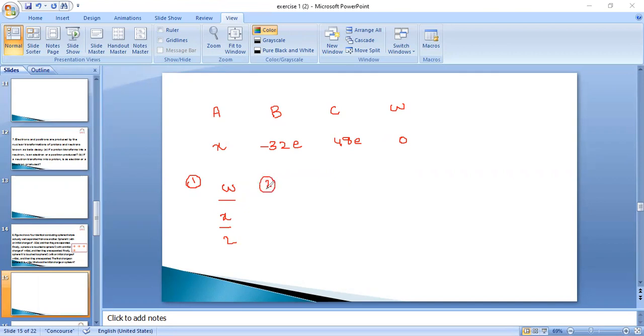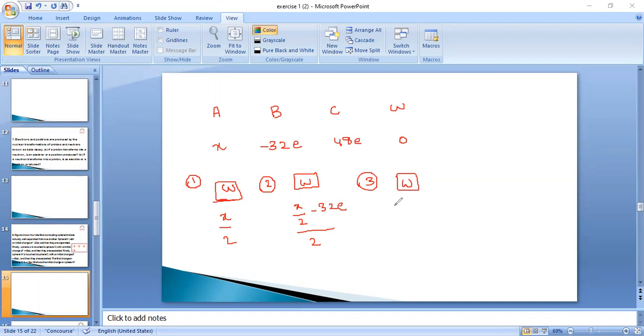In the second case, the charge of W is X by 2. This body W is kept in contact with B. Then again B and W will share the charges equally. The total charge is X by 2 minus 32E, and half of that charge is given to W. So this is the final charge after removing from B. And this is again kept in contact with C. In that case, this charge should be added to the charge of C, and the total charge is equally shared between them.